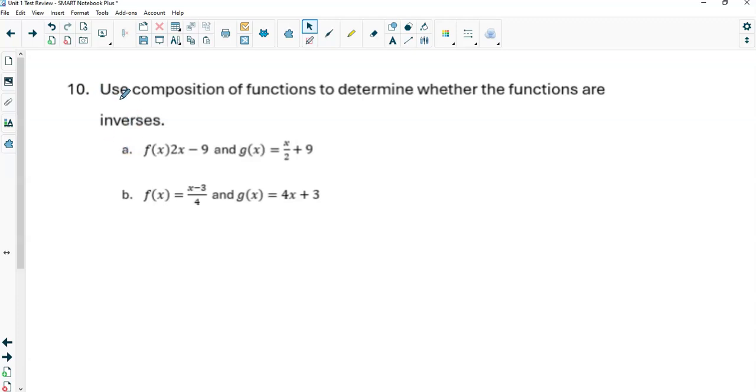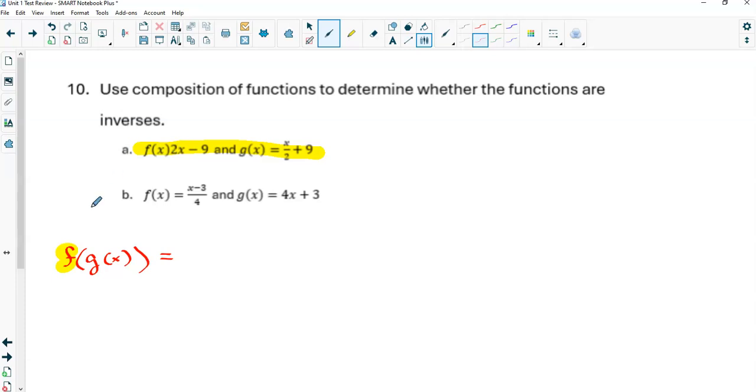Okay, so number 10, use composition of functions to determine whether the functions are inverses. Notice f of x over here. I'm going to do this one. Okay, so notice f of x is 2x minus 9 and g of x is x divided by 2 plus 9. I want to know if these two are inverse functions. Well, I'm going to say f of g of x.